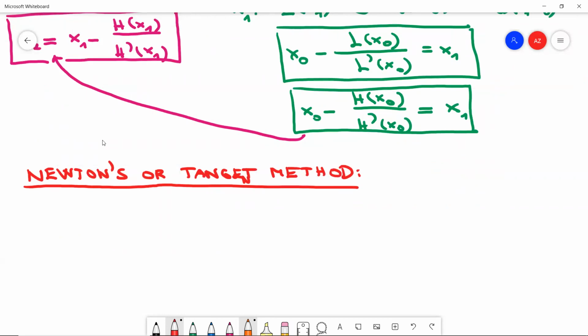We have h from R to R. We would like to find alpha such that h of alpha is equal to 0.